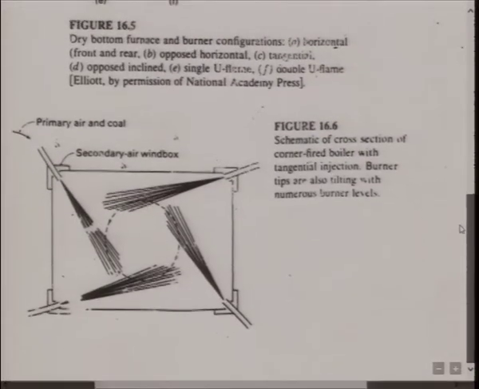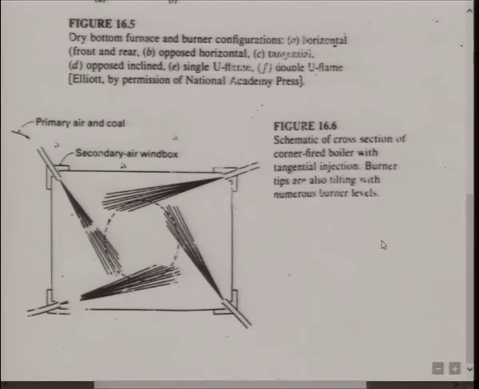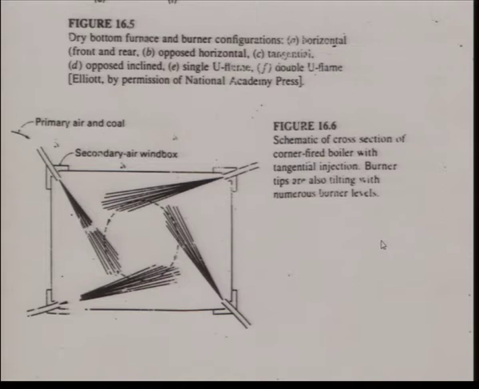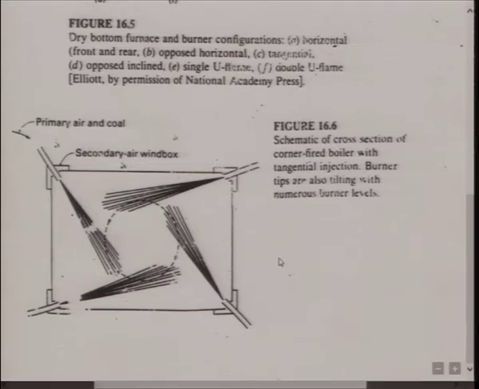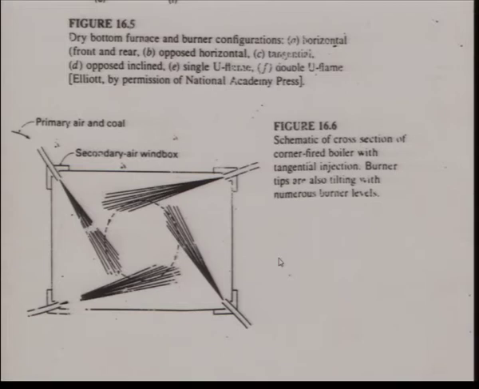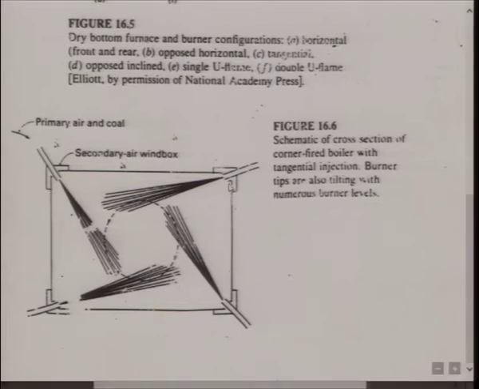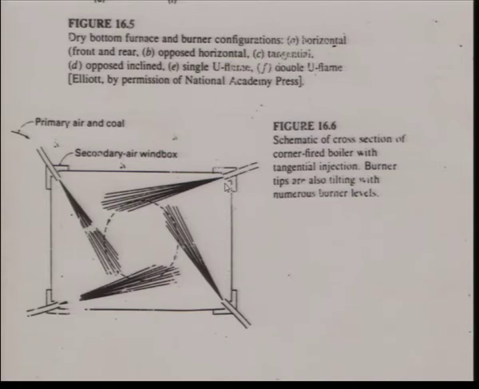And this is a cross-sectional view, and you can see here details of a corner-fired boiler with tangential injection. So there are burners sending coal and air from 4 corners of the boiler. How many such injectors are there?